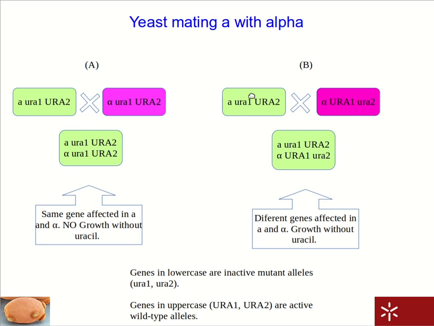If, on the other hand, the cells are affected in different genes, here URA1 and URA2 in the alpha cell, the resulting diploid will have no phenotype at all, because the URA1, the active one in the alpha cell, will complement the inactive one in the A cell, and vice versa for the URA2. So here we will have a cell that grows without uracil in the medium. If we do this enough times, we can classify all the mutants in something called complementation groups.